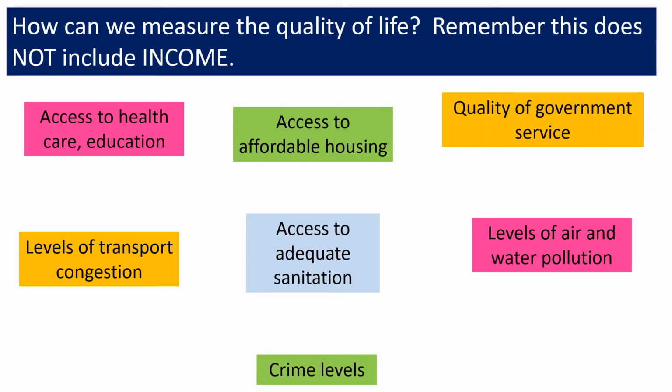It's no good having lots and lots of money if you can't actually buy good quality water. You might have lots of money, but you might still not actually be able to access water that is safe for you and enough of it. So that is how quality of life doesn't always directly link to wealth.